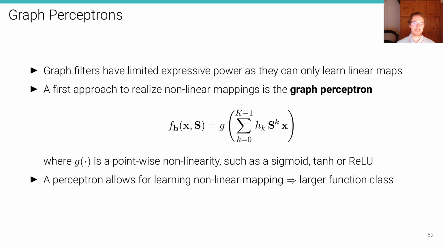So everything is linear. Now with a nonlinearity on top of this, we can learn mappings that are slightly more expressive, that are at least nonlinear. So it captures a larger function class. It's the equivalent to the perceptron of neural networks.